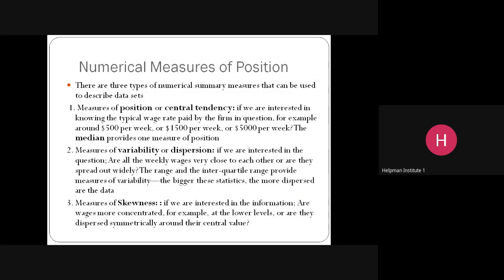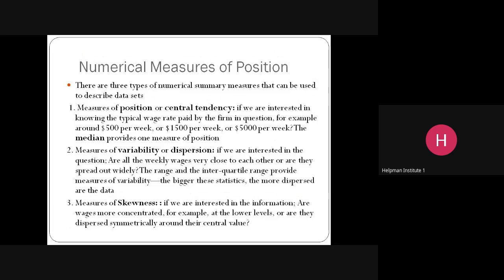And then the third numerical summary measure is the measure of skewness. Let's say we are interested in whether the data is concentrated on one side, the lower level or the higher level.